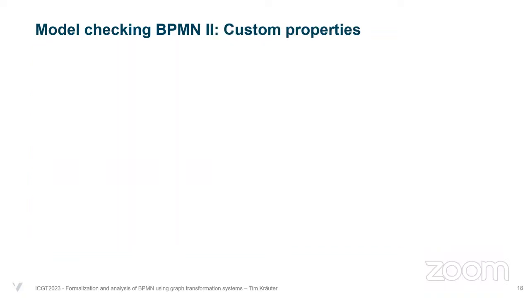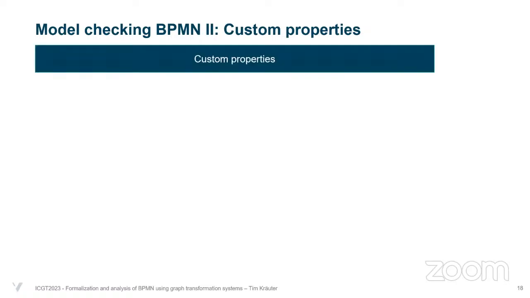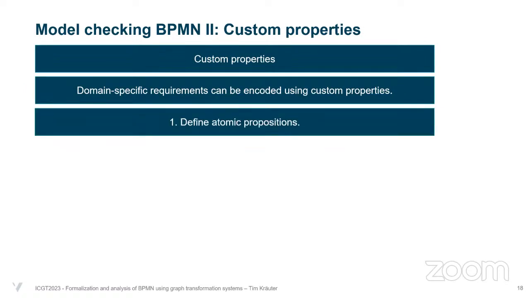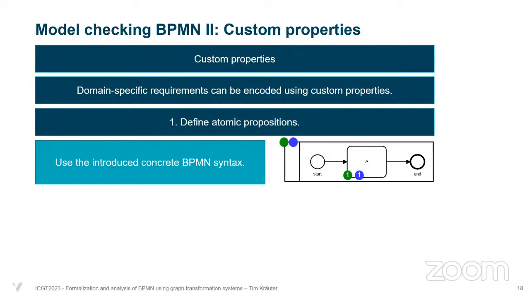And then there are custom properties. If you have a specific domain, like the insurance domain, where we create an insurance, then maybe we want the activity to save the insurance to also be executed later. These custom properties encode domain-specific requirements, nothing general, something specific for your case. For those, you need to define, first of all, the atomic propositions, so the state you want to reach or the state you don't want to reach, for example. And you can use the concrete syntax. That's the idea; it's not implemented yet in the tool.